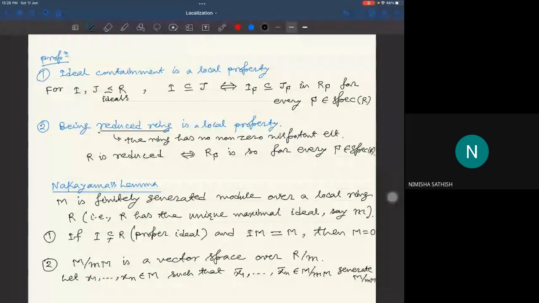Then these representatives x1 up to xn will generate M.